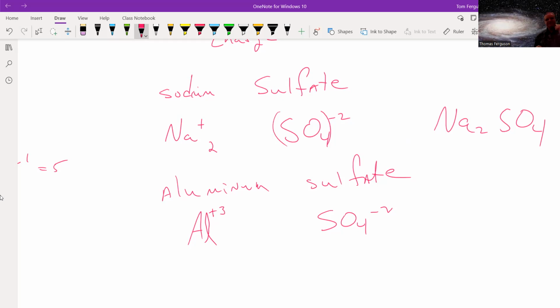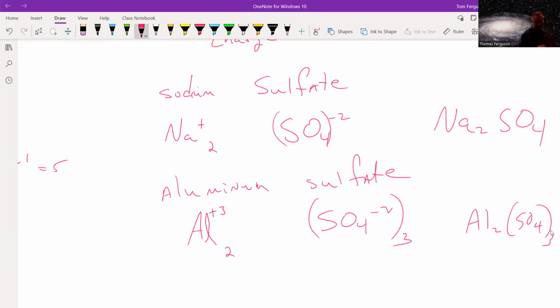So how many 3s are in 6? How many 2s are in 6? And now I have to use the parentheses. So the formula without the charges is Al2(SO4)3.